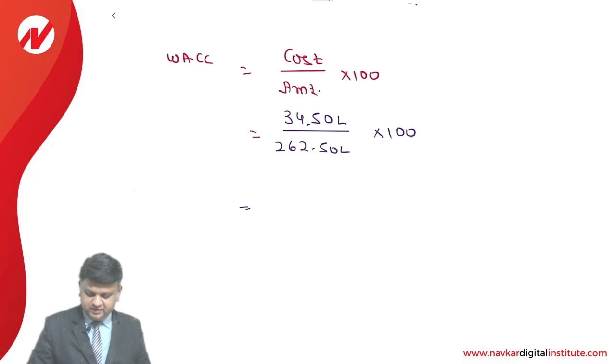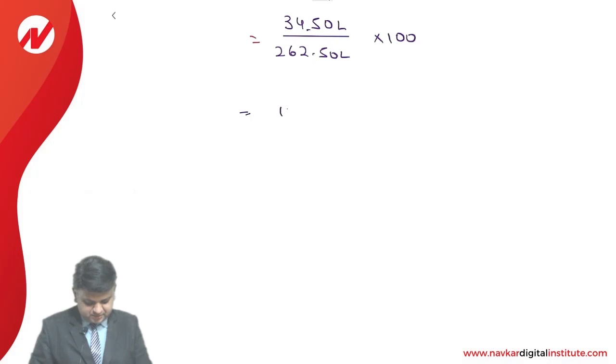So 34.5 divided by 262.5 into 100 is 13.14%.